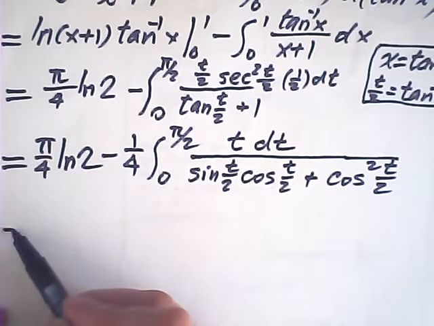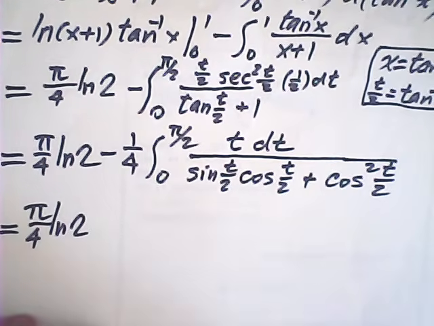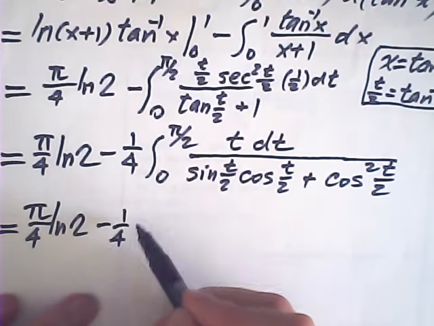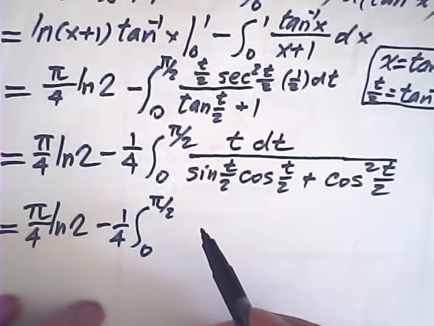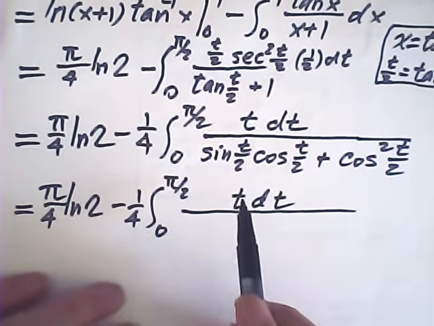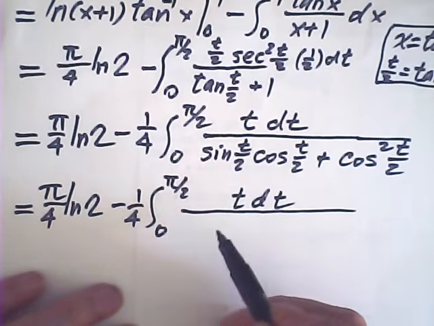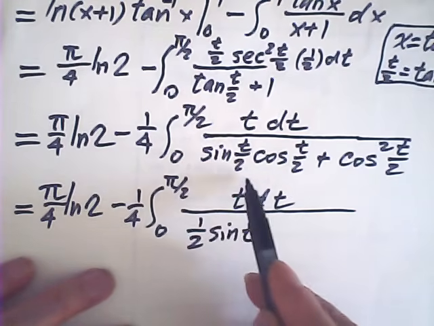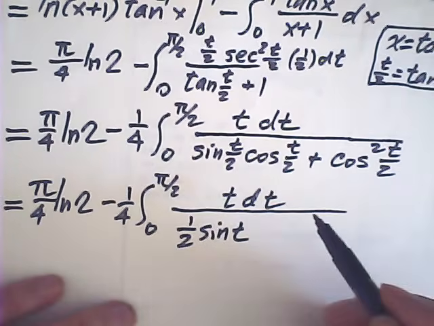Now then, this one equals 1/4 pi log 2 minus 1/4 integral from 0 to half pi of this will be t dt. Now this is equal to, this will be what? This will be 1/2 sine t, right? This is equal to this, just using the double angle formula.